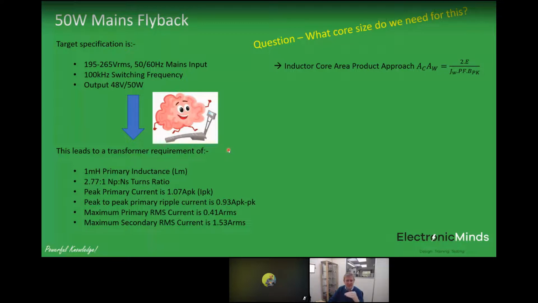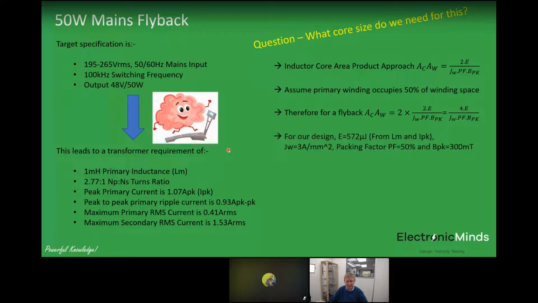So, and it's not completely accurate, let's assume that the primary winding occupies 50% of the winding space. Then you can adjust that core area product equation accordingly, and for a flyback it's given by this equation here. So we can work out what core area product we want based on that energy storage.